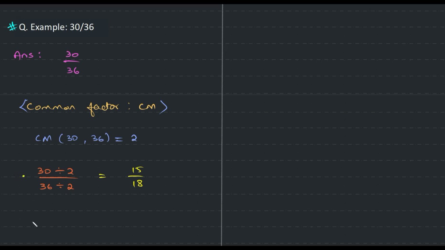Next, I will go with a common factor of 15 and 18, which is 3, since 3 can divide 15 and 18. So I divide both the numerator and denominator by 3, and I end up with 5 by 6.